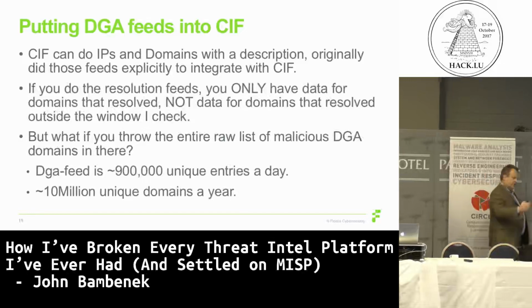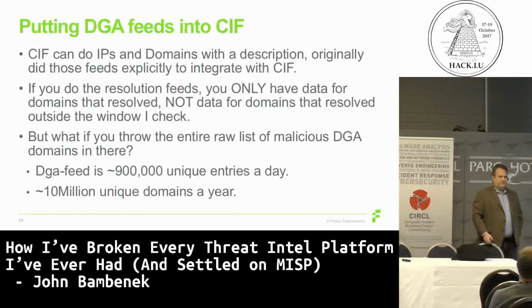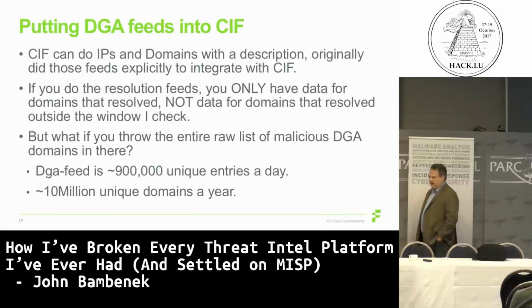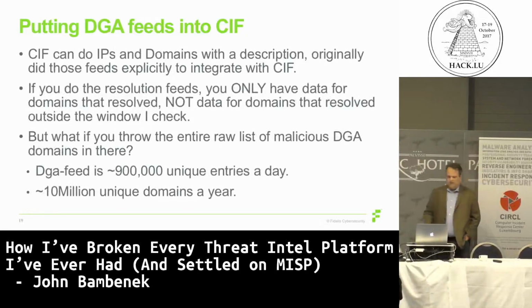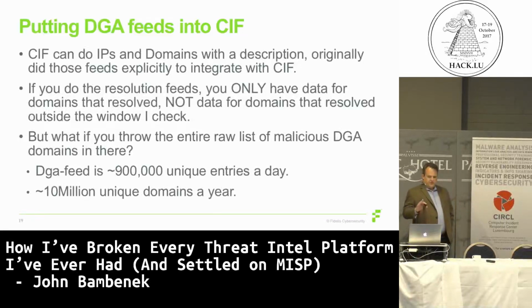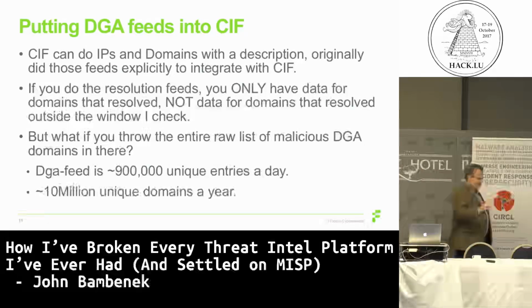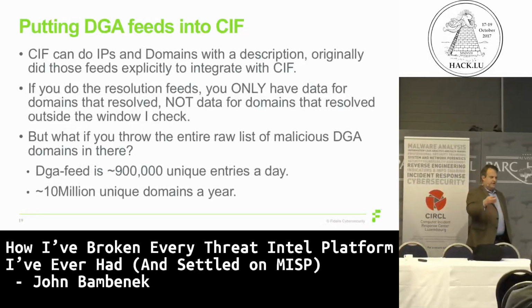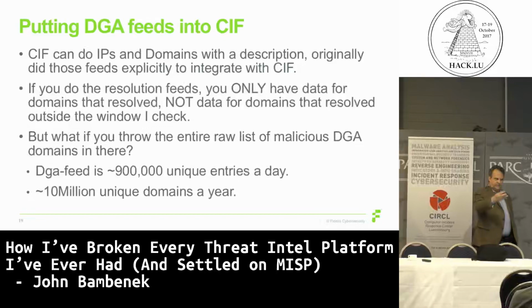So I said, okay, I've got a lot of IP addresses and domain names, so let's go ahead and put that into CIF and see what happens. It's been in there for a while, but usually the family feeds. Like I said, I created and crafted it, explicitly integrated into CIF at the time that I did it, right? But the family resolution feeds, where people will point to Tinba or Necurs or whatever, will show you just the domains or the IP addresses that resolve.